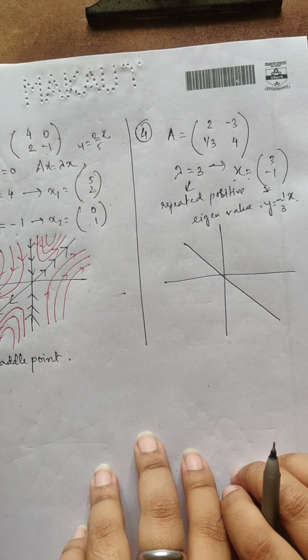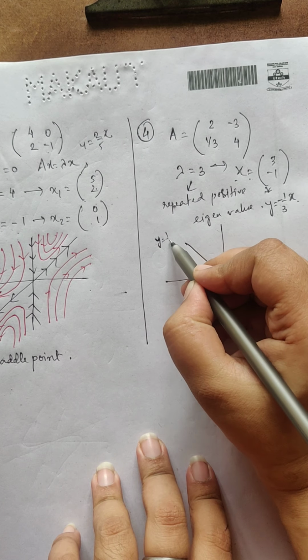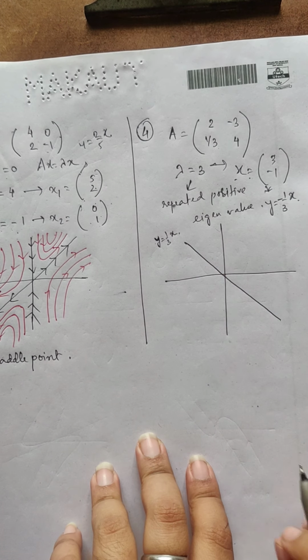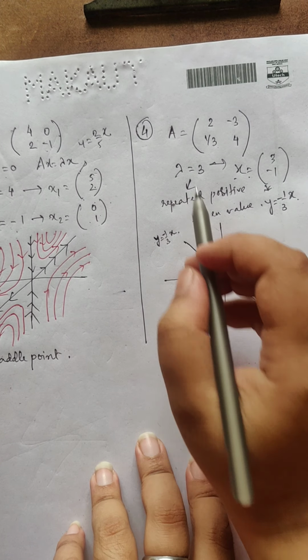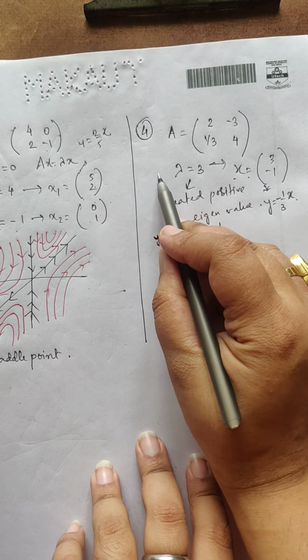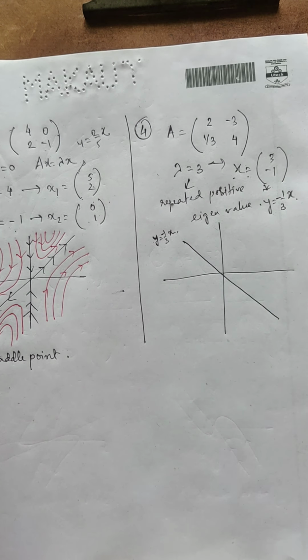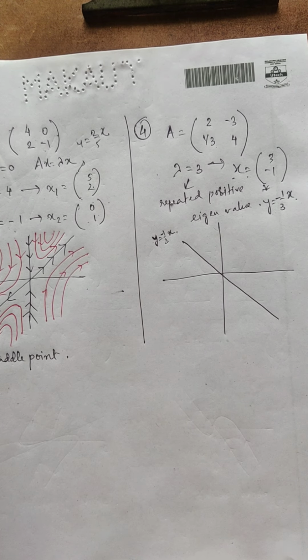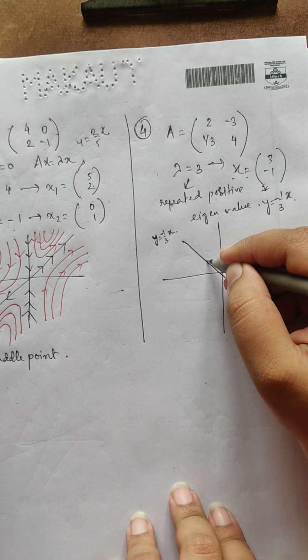This is my equation on the negative side, y equal to minus 1 by 3 of x, obviously minus. And since I am getting lambda equal to plus 3, which is a positive value, it indicates that it will have an exponentially growing curve. So these arrows will be away from the origin.